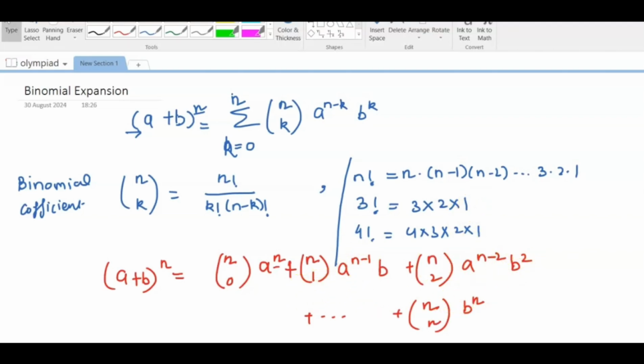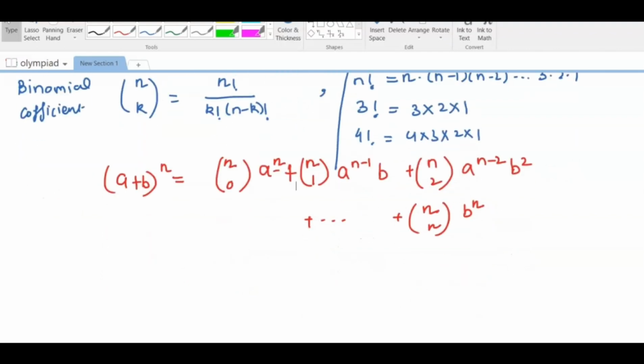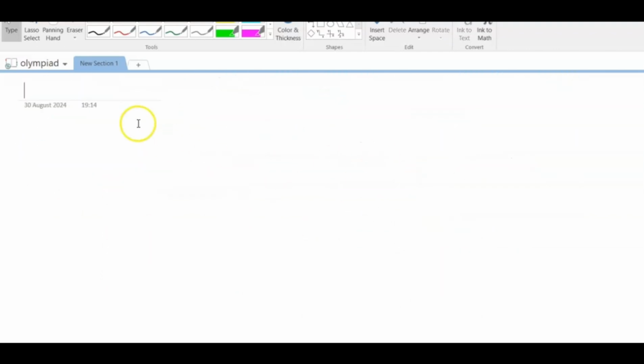Now let's apply this formula to our equation. So we have x to the power 4 is equal to (x minus 4) to the power 4.